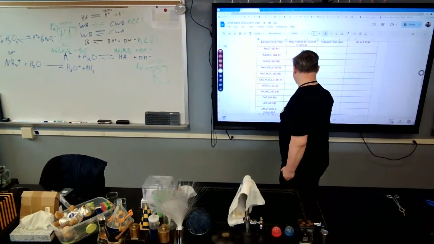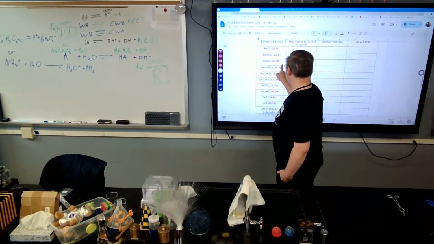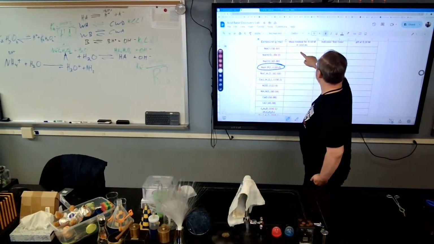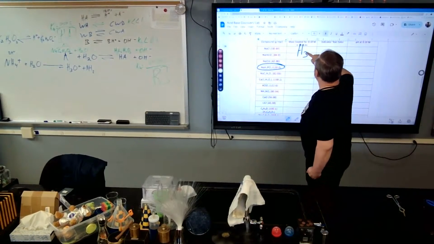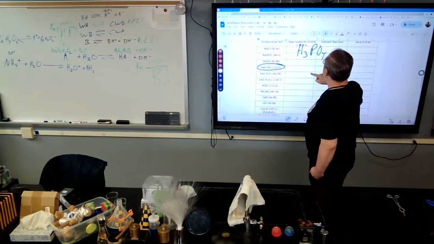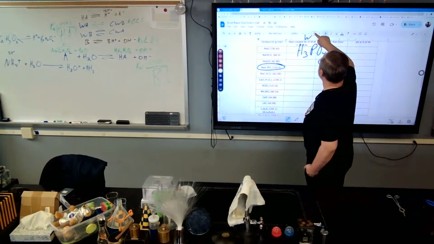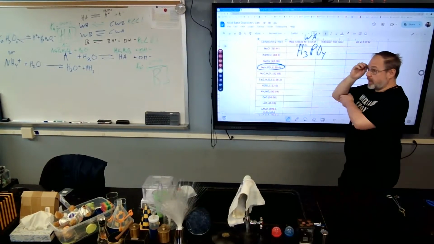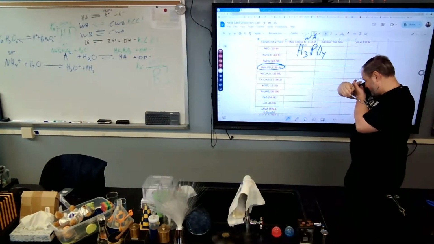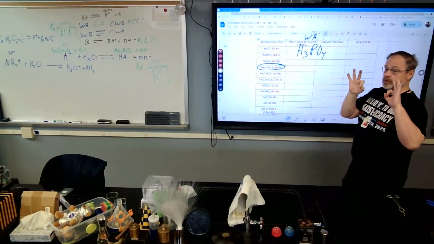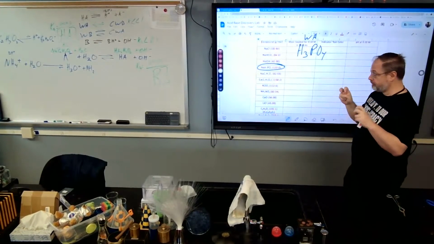Let's focus just on the triprotic hydrogen phosphate. H3PO4 is phosphoric acid. This is a weak acid, a very robust weak acid. But it's also what we call a triprotic acid.